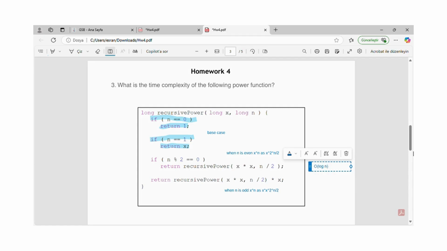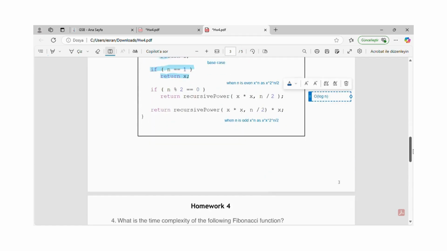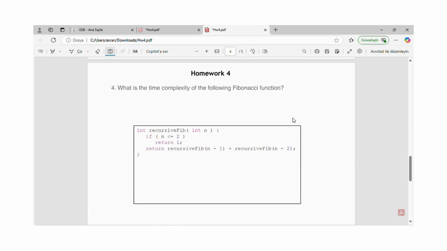Okay, and the other one is, what is the time complexity of the following Fibonacci function? If n is less than or equal to 2, it returns 1. This is the base case. Otherwise, it calls itself 2 times, recursive fib n minus 1 and recursive fib n minus 2.